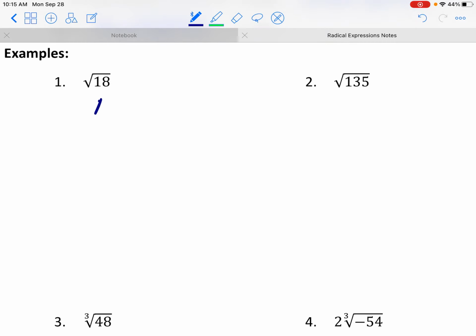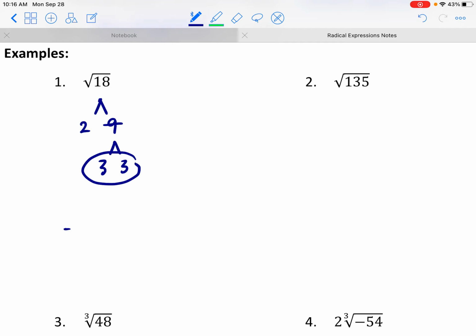So if we were to break this down, 2 goes in 9 times, and then 9 becomes 3 times 3. That's as far as I can go because my last number on my branch is prime, so I'm good. Now, because this is a square root, I'm looking for a pair of numbers. The pair tells me what comes out of the radical, and anything unpaired, uncircled, ungrouped stays in the radical.